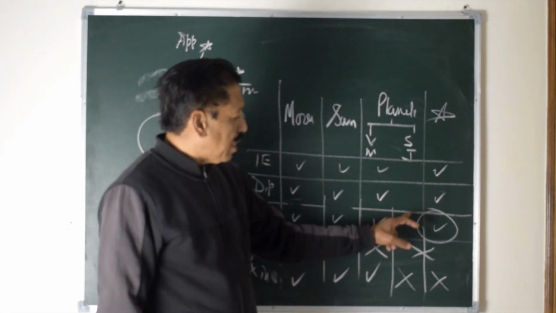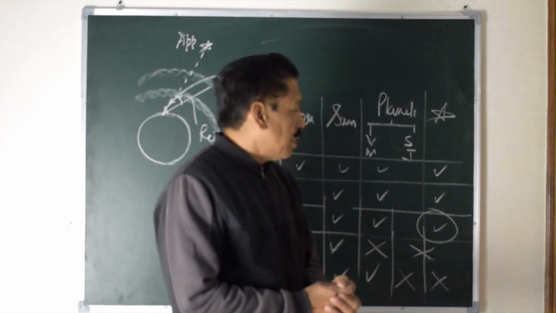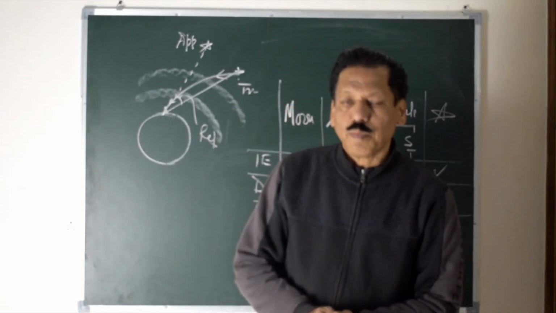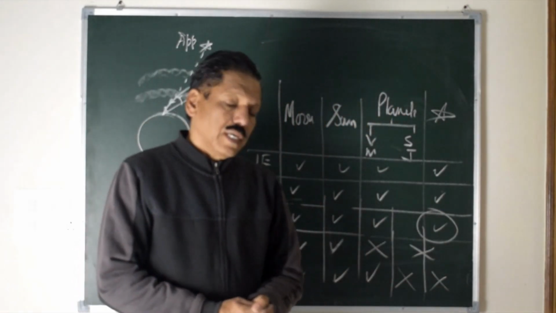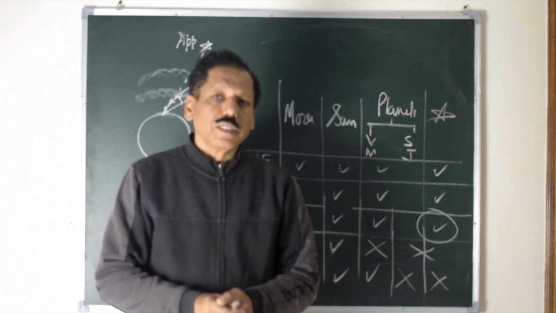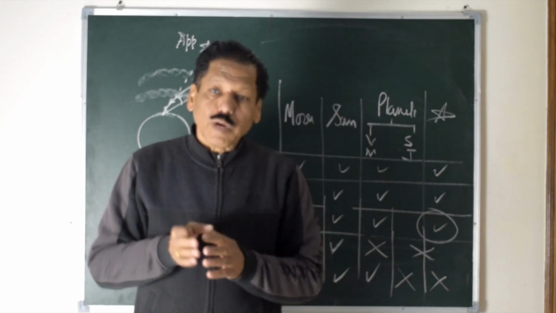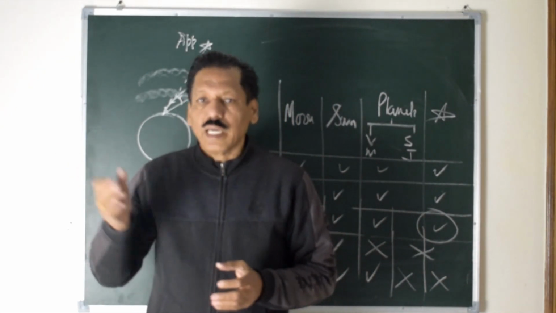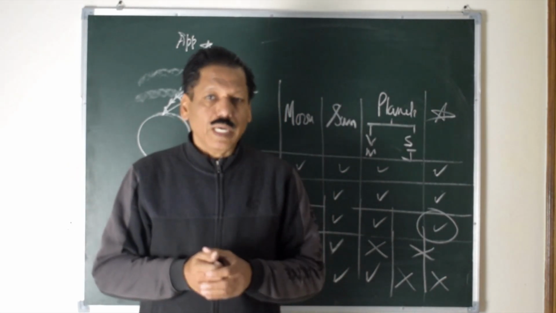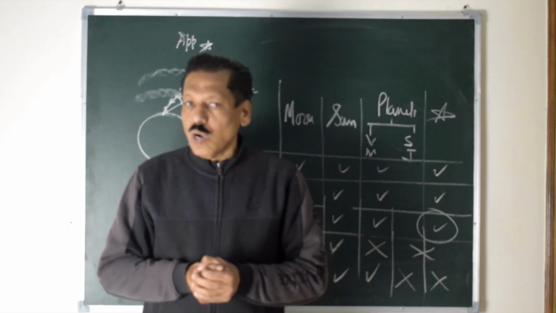In case of Saturn, Jupiter and the stars, the only correction that is placed in the total correction table is refraction. Refraction depends not on the body, it depends on the altitude. So if you need to find out refraction correction for any other heavenly body also, you may enter the total correction table of stars.